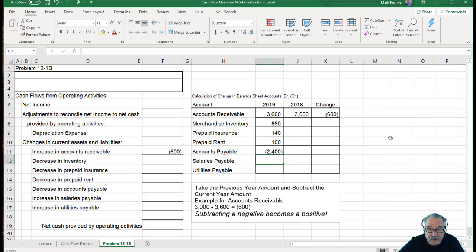Of course, accounts payable is a liability. It's going to have a credit balance. The salaries payable is a liability, and utilities payable. So I'm just putting all these in. Assets or debits are positive, and liabilities are credits. They're going to show as negative amounts. So this was 980.